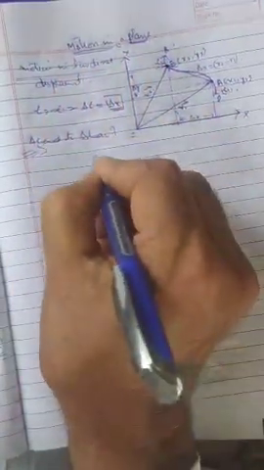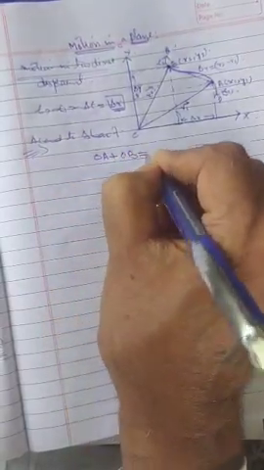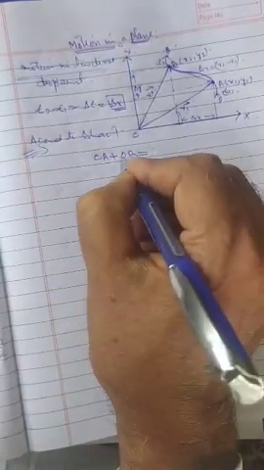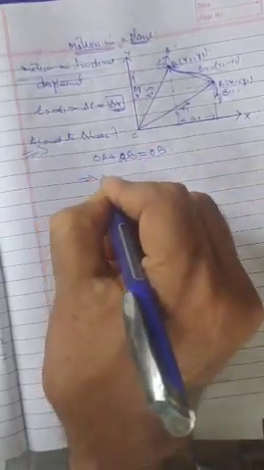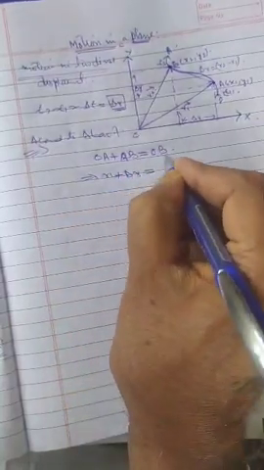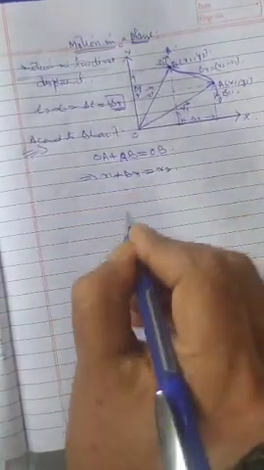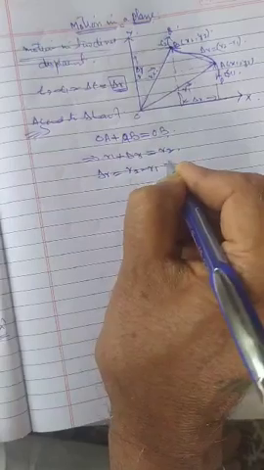Therefore OA plus AB is equal to OB. OA is equal to r1, AB is del r, OB is r2. ठीक है, और del r is equal to r2 minus r1. This is the position vector.